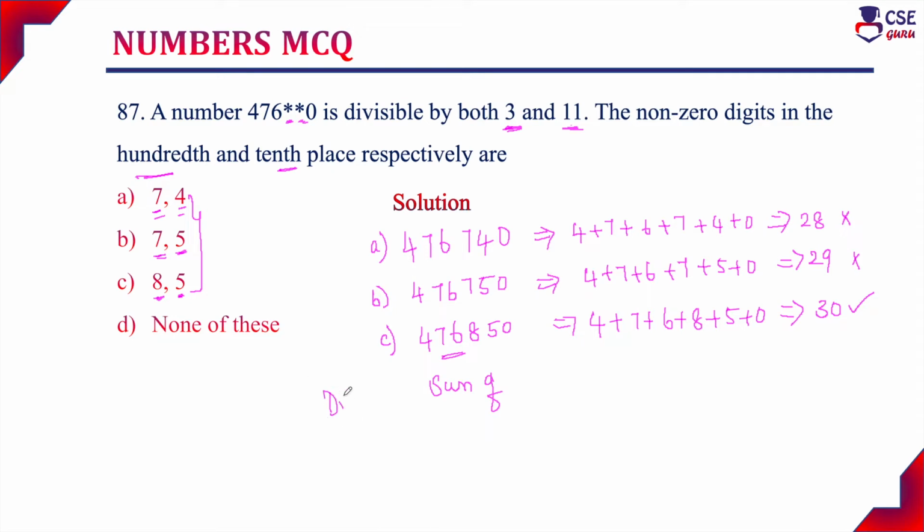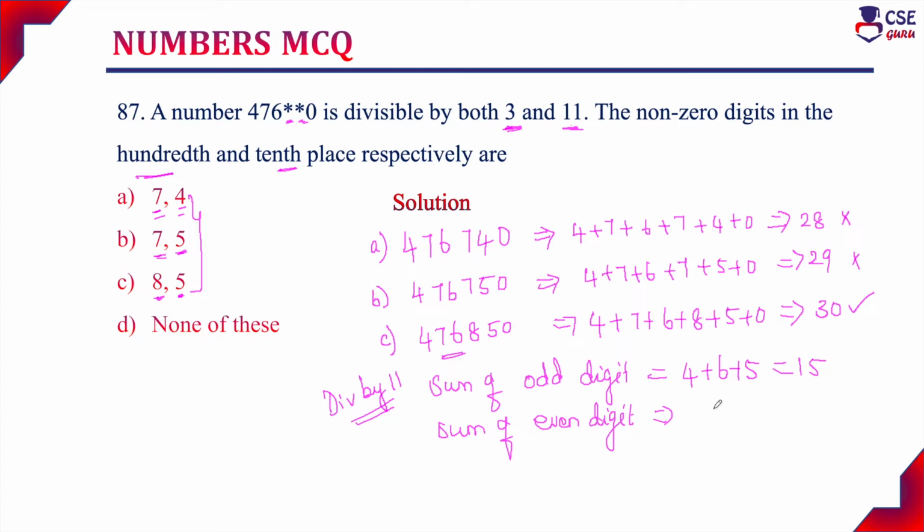Sum of odd digits, that is 4 plus 6 plus 5, is 15. And sum of even digits, that is 7 plus 8 plus 0, is also 15. Its difference is 0. Yes, it is divisible by 11.